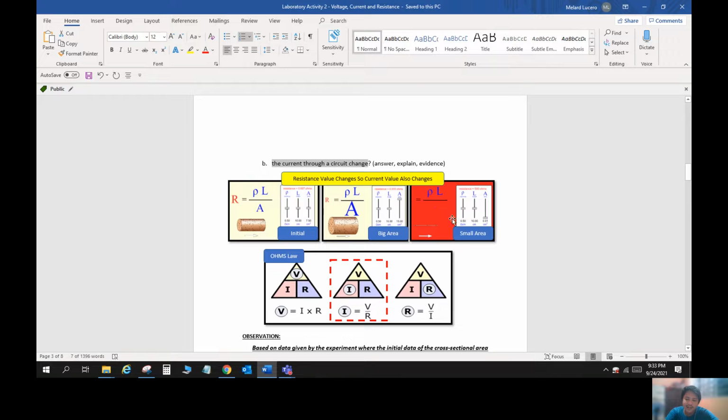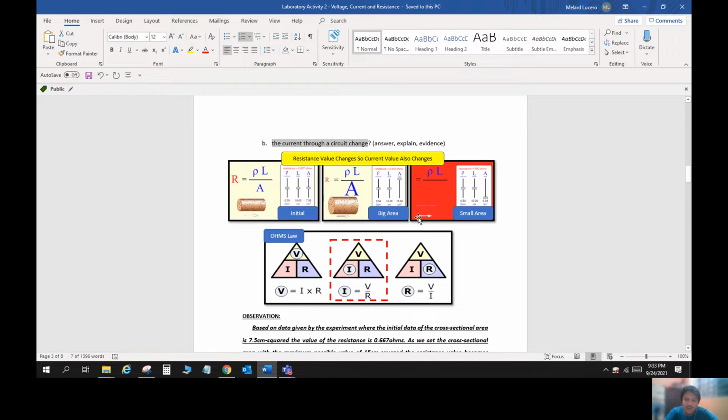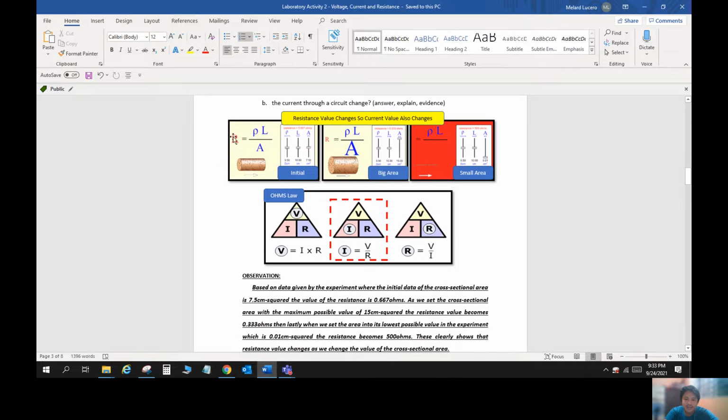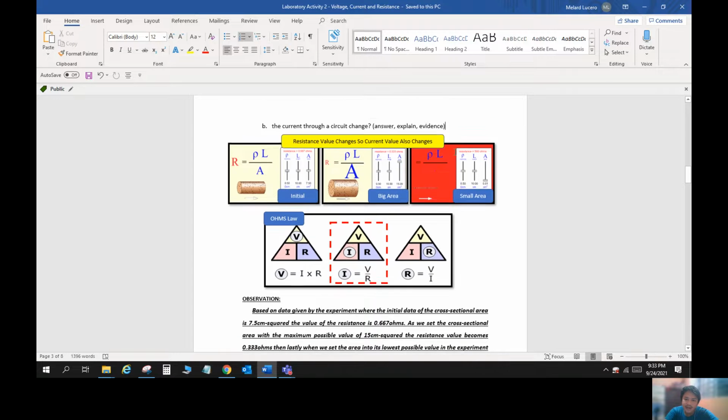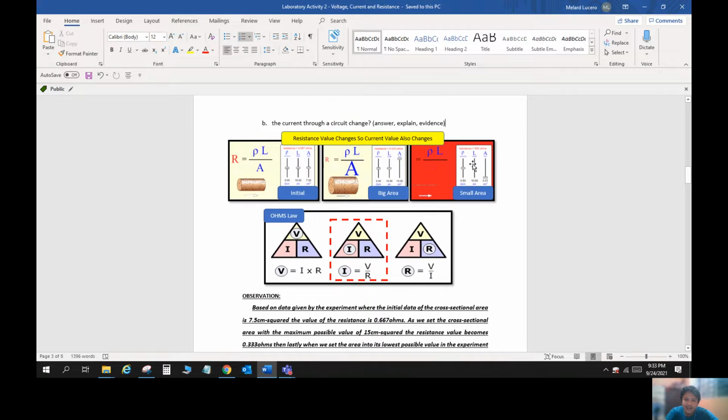The one we are confused about is that we don't have the circuit. So anyways, as we understand, we will be assuming that this is the relationship of the resistance value to the current. So our experiment in letter A will serve as a guide in answering this.